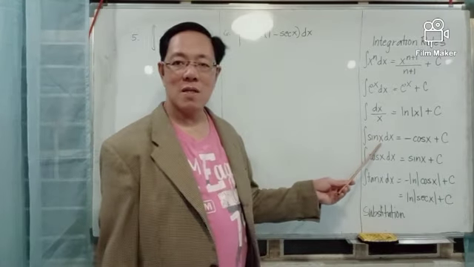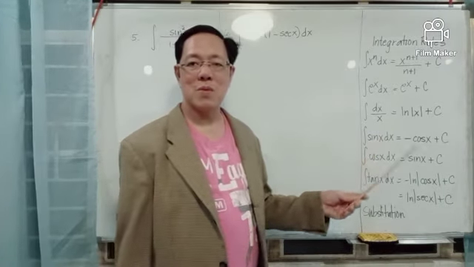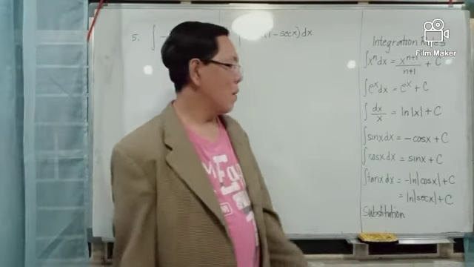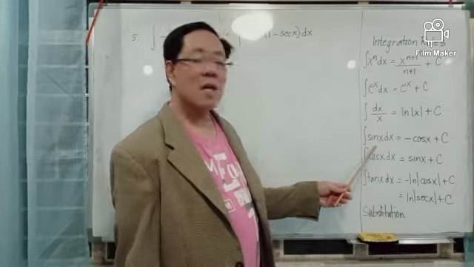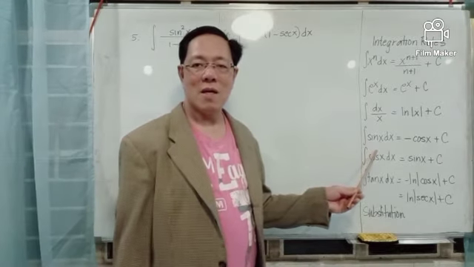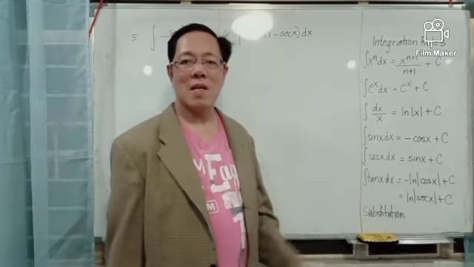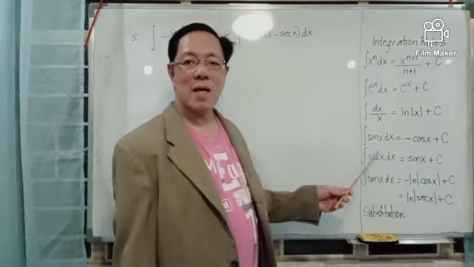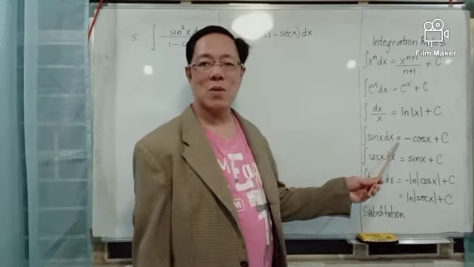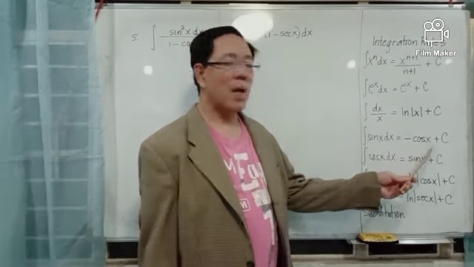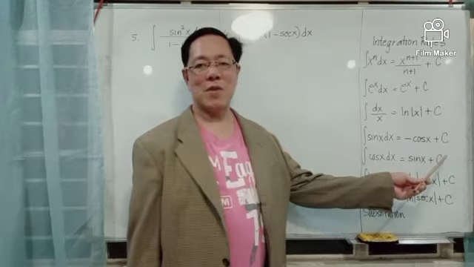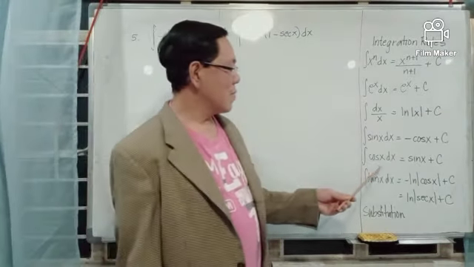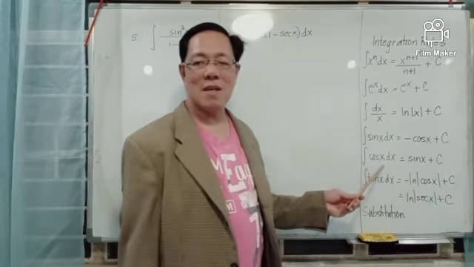If the angle is an angle other than x, then we have to make use of a substitution technique to express the angle of sine function as a single variable with an exponent 1 and numerical coefficient 1. Again, the integral of sine x with respect to x is equal to negative of cosine x plus c, a constant of integration.